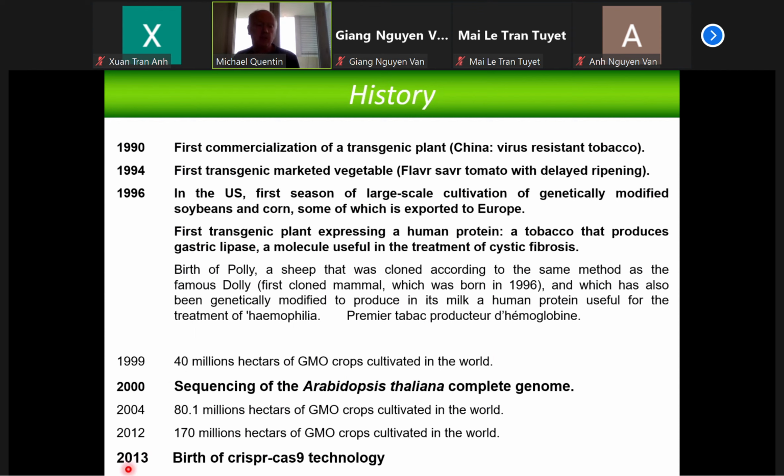Another date, and it will probably be the future of plant biotechnology. You know that we speak a lot now of the use of genome editing for plant improvement. The CRISPR-Cas9 technology is something that is less than 10 years old.